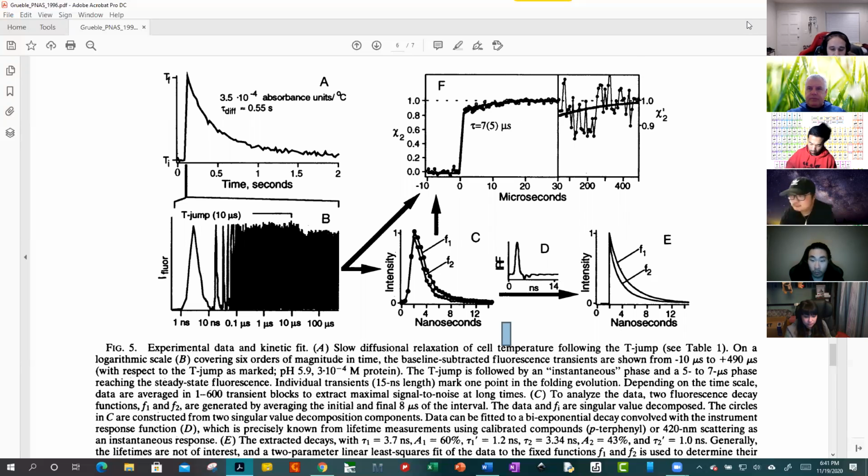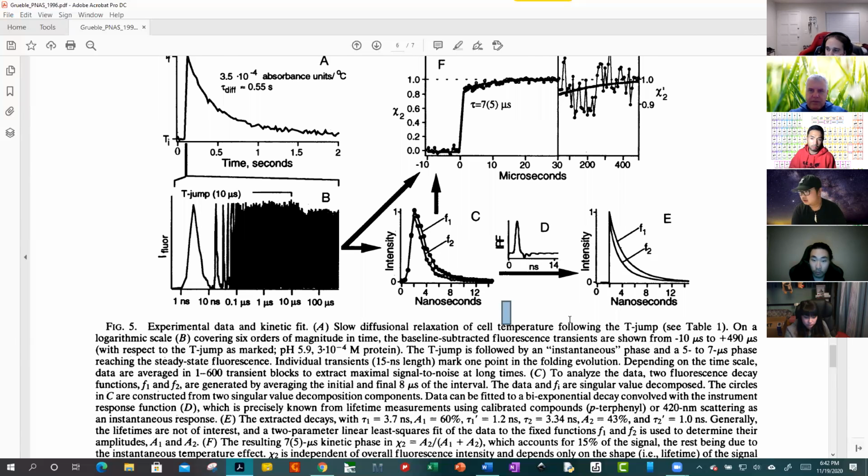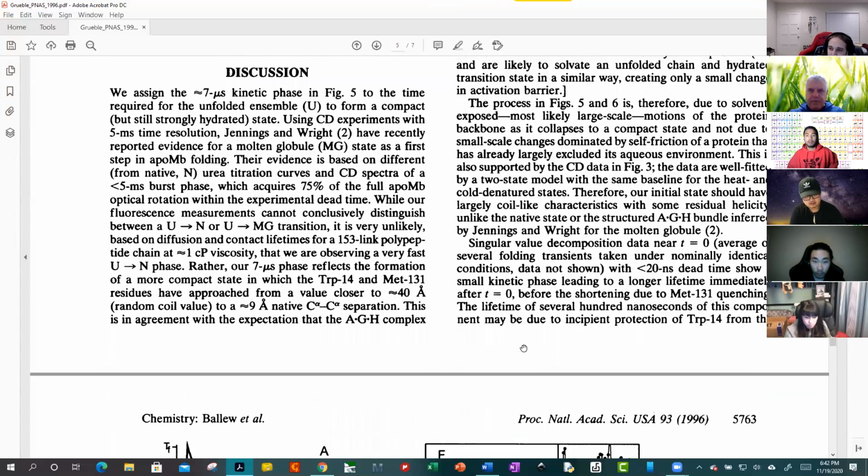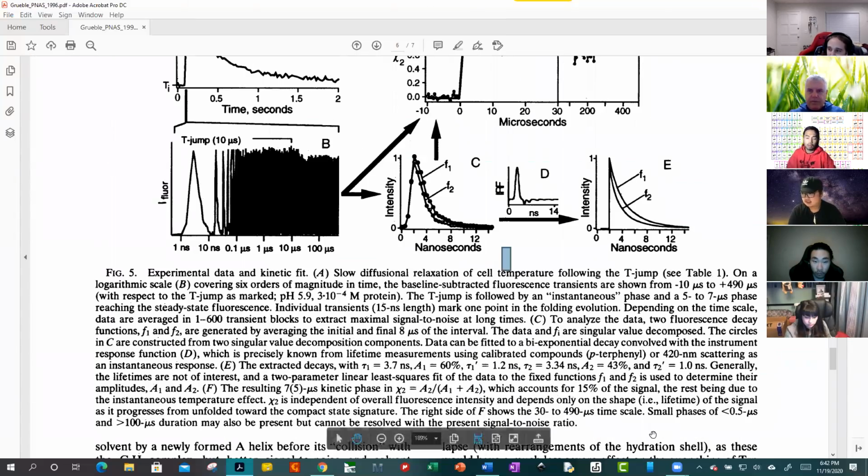And we can look at the transients here. It's a total of about 12 nanoseconds, right? And there's two components, F1 and F2, right? Anyway, the two components are different, right?